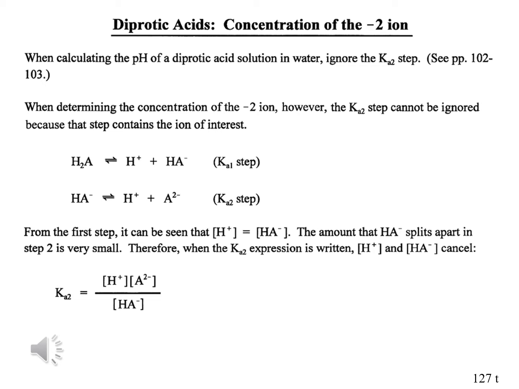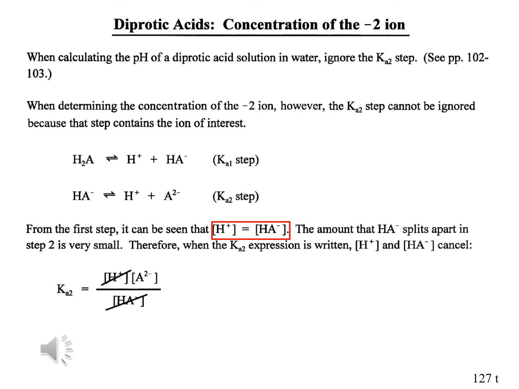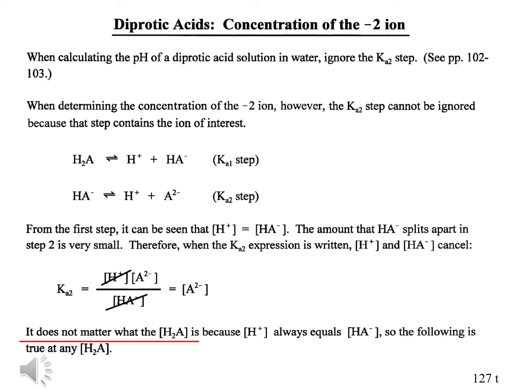The thing is, since the H plus and the HA- are equal, we can cancel them. There it is, done. And so what we end up with is that the concentration of the A2- ion is actually just equal to the Ka2 value in the table.